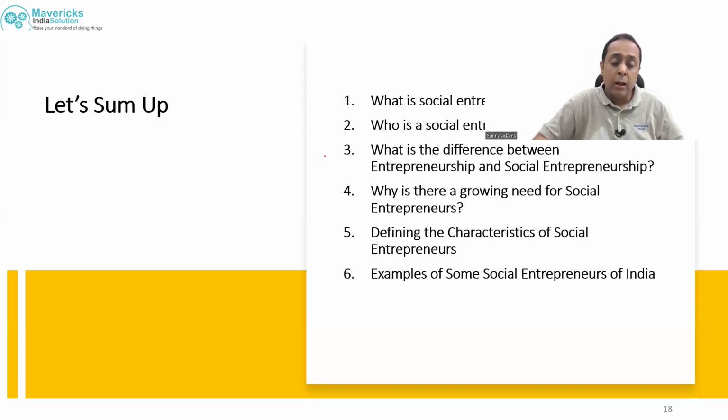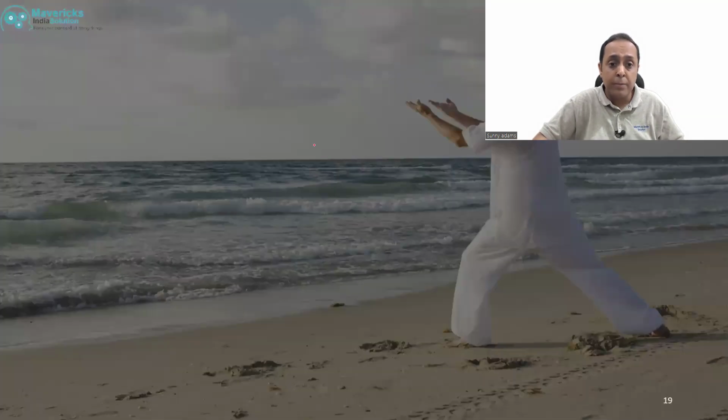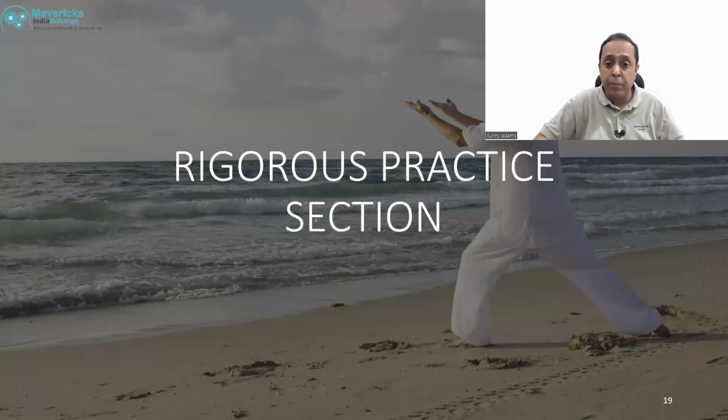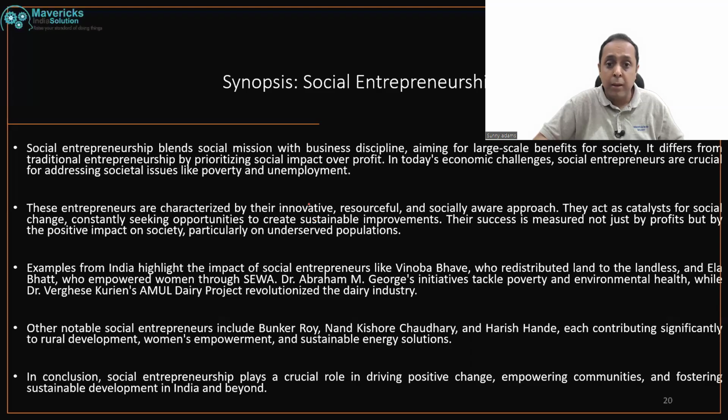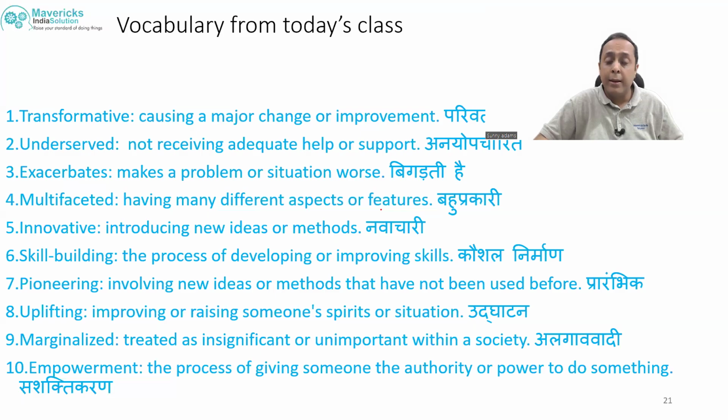And along with that, we are committed to provide you a rigorous practice section. This is the rigorous practice section of Mavericks India Solution, where we provide a synopsis of today's lecture, and the 10 most important words from today's lecture in English and Hindi. The meanings are discussed in English and Hindi.